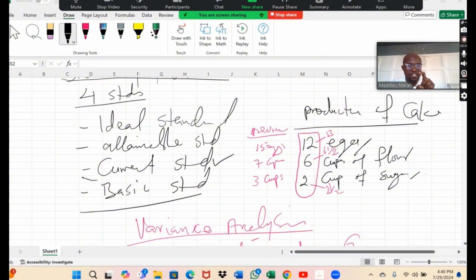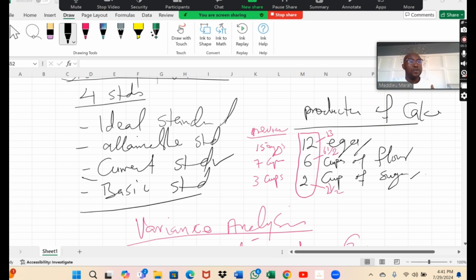Remember, these same ingredients we provided previously yield the same result we want to achieve this year, right? So now, if we provide the same ingredients now, 15 eggs, 7 cups of flour, 3 cups of sugar, that will be the current standard. It has no effect on employees. That's current standard. Okay?